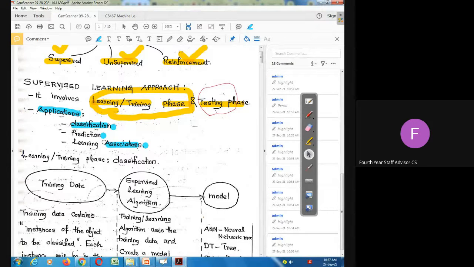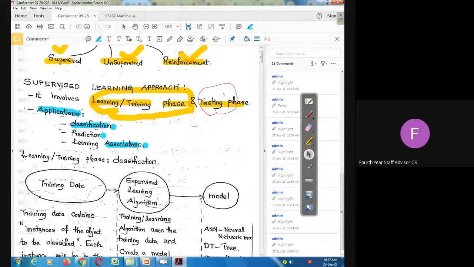Another example is analyzing COVID related data and predicting the number of COVID patients in the next month. That is an example of a prediction task. So for prediction related applications we will use the supervised learning approach.